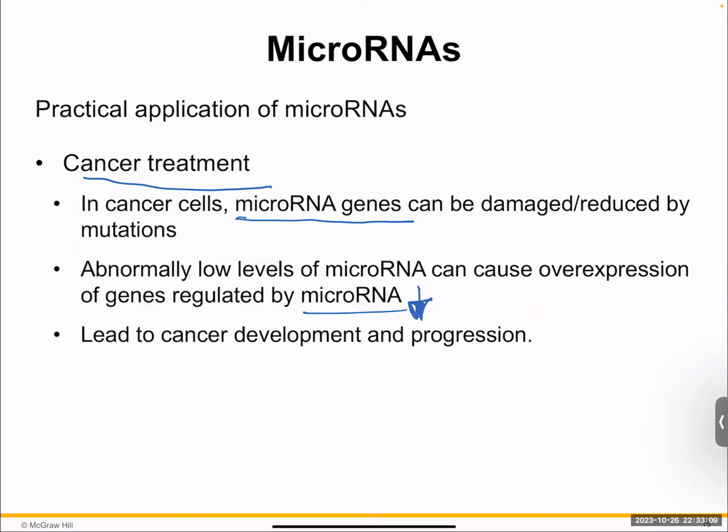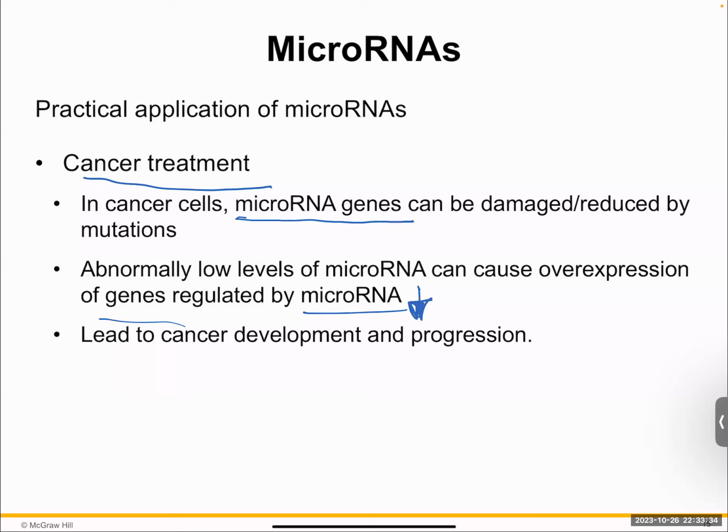Again, remember that inverse relationship. If my microRNA is low, that means something is being overexpressed. So if you have low levels of microRNA, which is what I have here, it can cause what? Overexpression of the genes. And as you can see, cancer is usually something being overexpressed, which is not something we want under normal conditions.